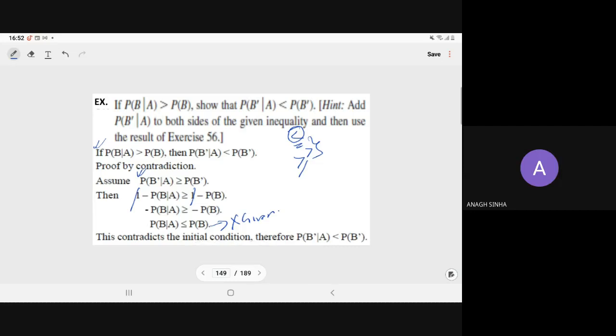Sir, can you explain how probability of B conditional on A can be greater than probability of B?